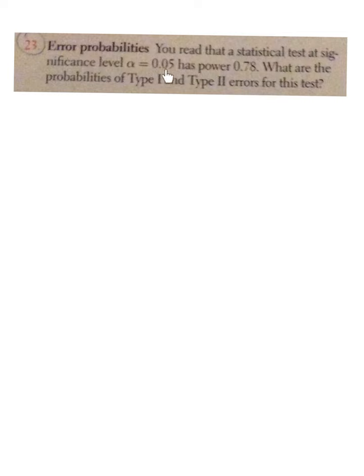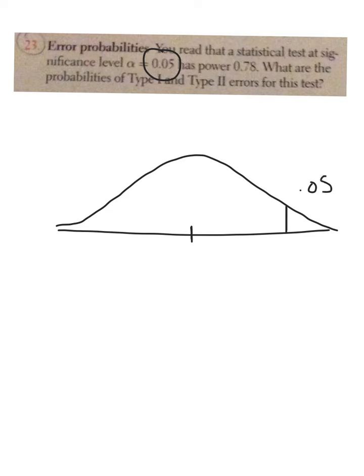This is where we expect, and we have a 5% alpha level, so 0.05 out here. So type 1 error is when you get a value out in that area and you reject the null hypothesis even though it's true. That's a type 1 error. So you basically have a 5% chance of that happening.